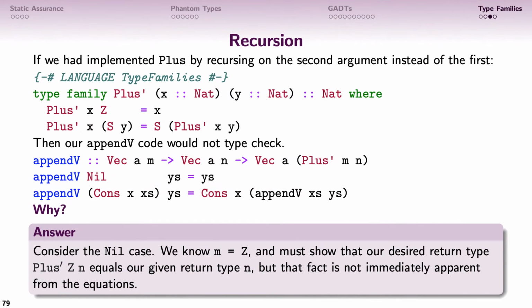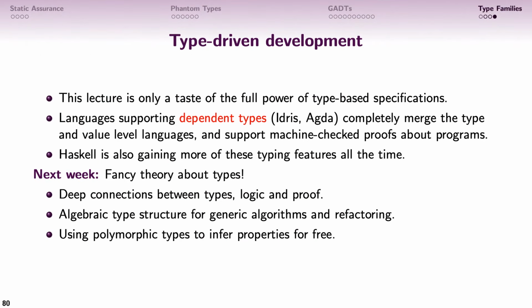So this is only a very lightweight taste of the full power of using types to enforce your specifications. Languages with better support for dependent types, specifically the two languages I like best are Idris and Agda, and I encourage you to learn these two languages, completely merge the type and value level languages. So instead of having type families and value level functions, I could have just used my value level plus function on the type level.